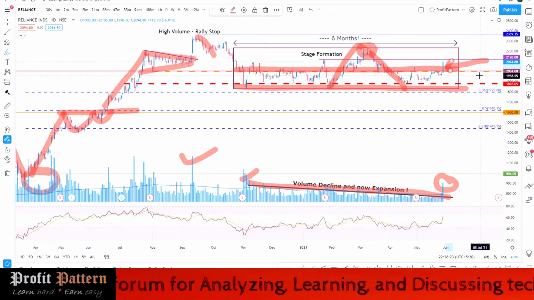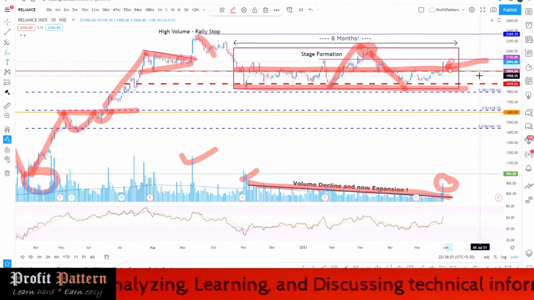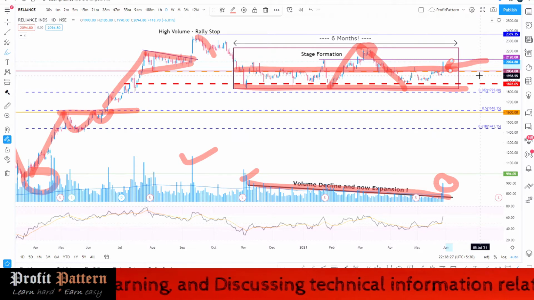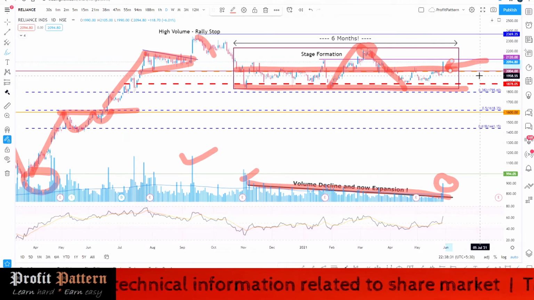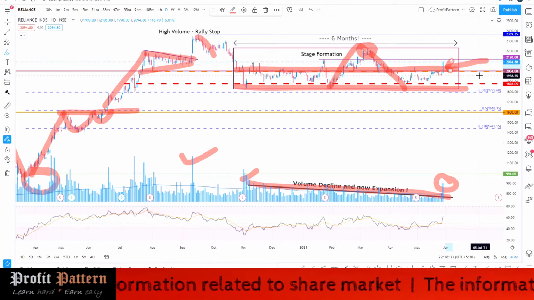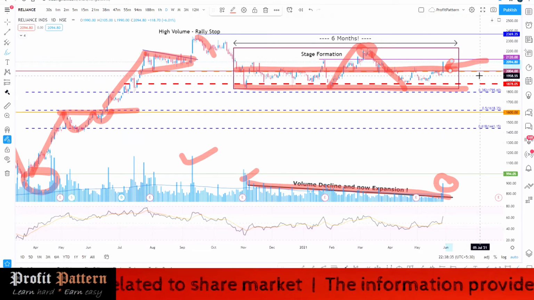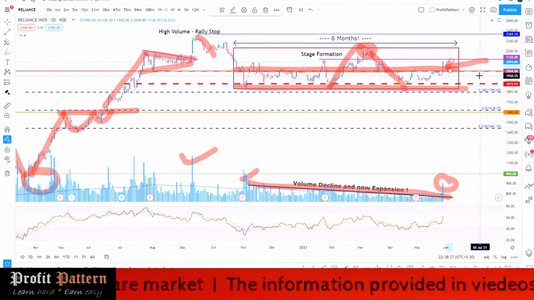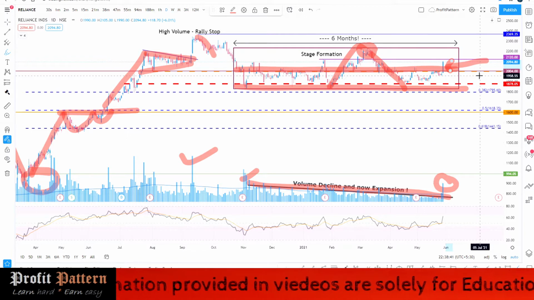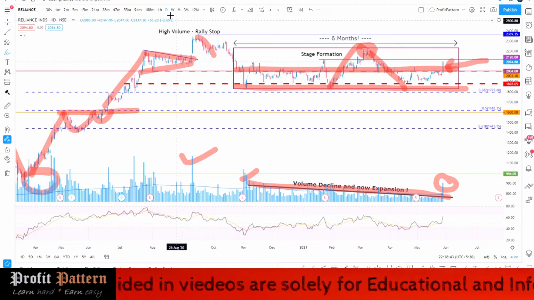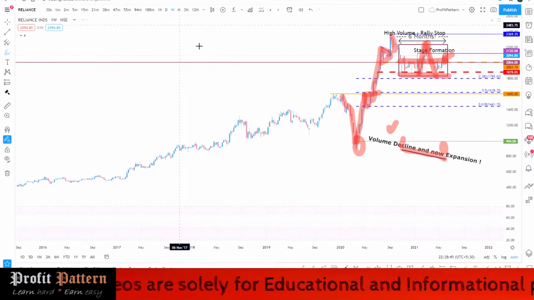So it says that Reliance Industries has not broken the longer time bullish trend yet. It has been respecting its long-term trend on the higher time frame charts. If you see the weekly or monthly time frame, I am plotting that for you.